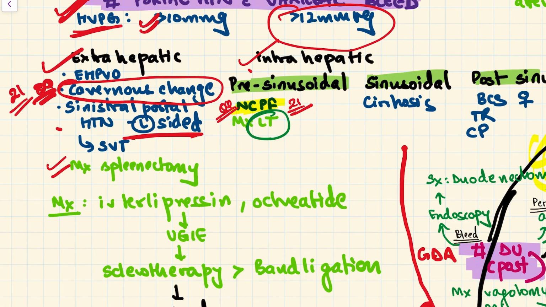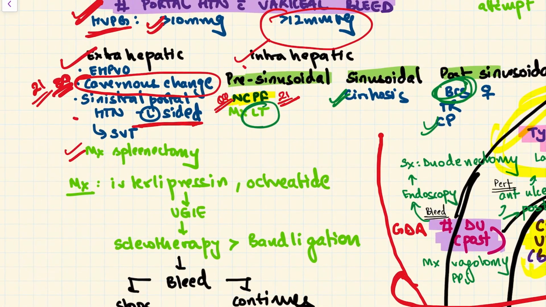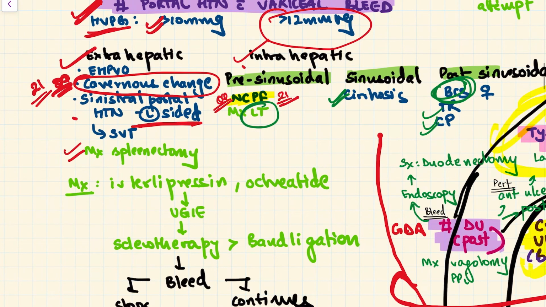Then sinusoidal causes include all the causes of cirrhosis, like cirrhosis post chronic hepatitis or hemochromatosis, Wilson, and so on. And post sinusoidal causes will be Budd-Chiari syndrome, right, constrictive pericarditis, and other causes which are associated with conditions of heart failure, like tricuspid regurgitation, right, and that causes back pressure on the liver.